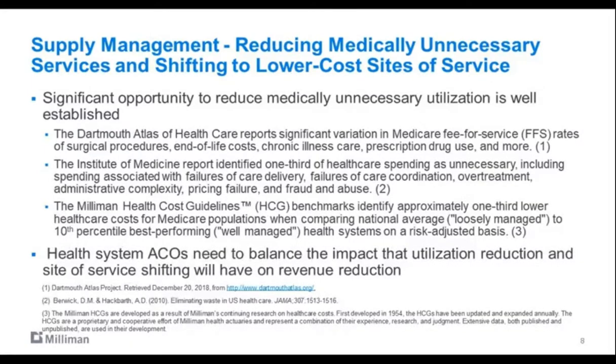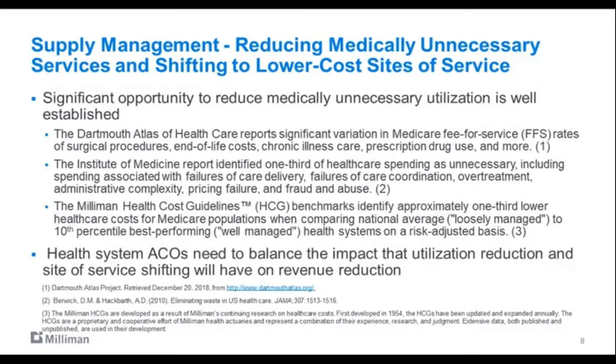The elephant in the room, though, is that for health system ACOs, there's really a need to balance the impact that reducing utilization or shifting site of service will have on a hospital system's revenue. So if you are going to shift chemotherapy from a hospital outpatient setting to a physician office, that is going to reduce hospital revenue, or reducing admissions is going to reduce hospital revenue.